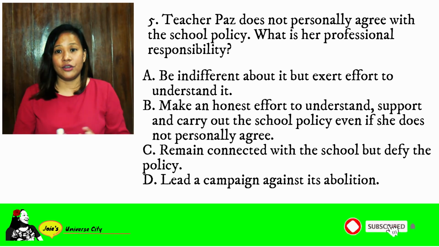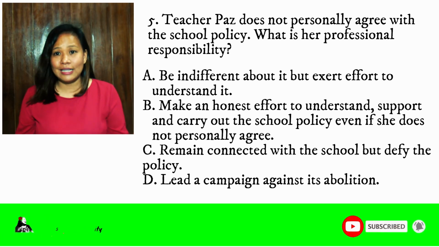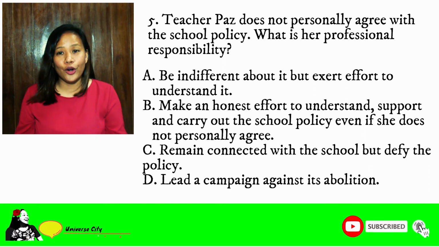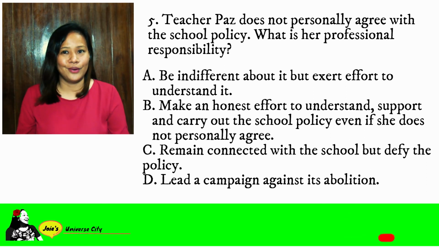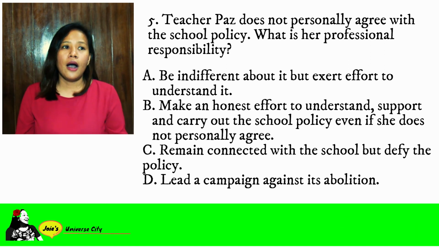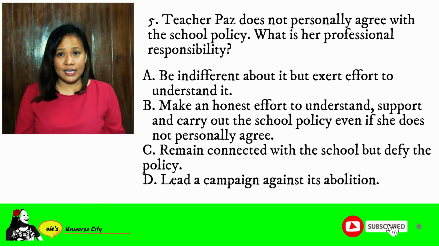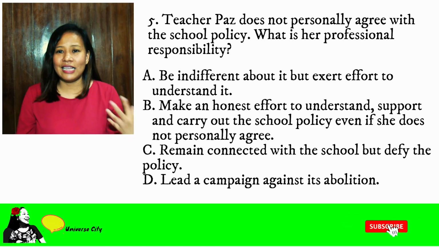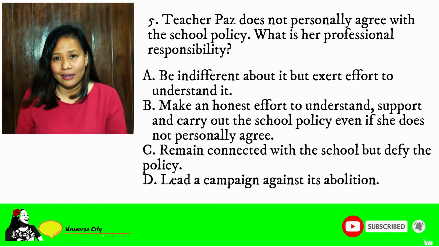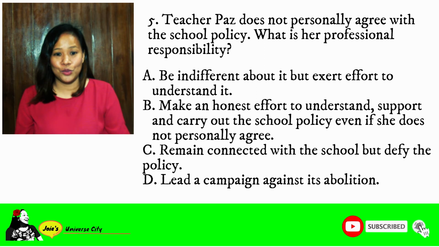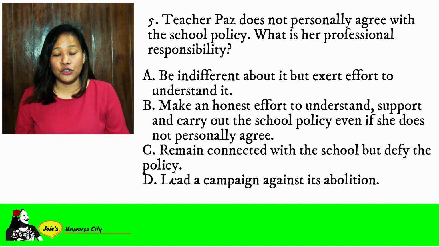Now, if we really cannot support the policy, and we have done everything we can, we talked to proper authorities about our disagreement to that policy, but nothing happened, and we really cannot support it, then the only thing that we could do is to resign from that school because we do not agree to the policy.